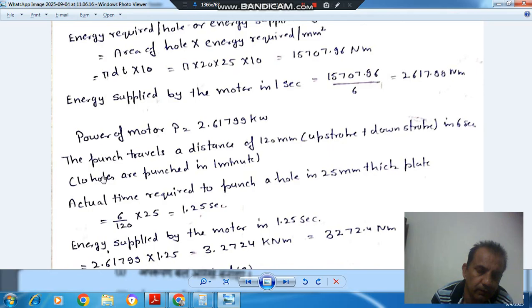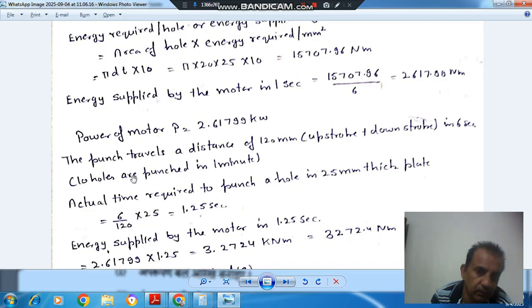Now the stroke length is given as 60 mm. So during punching one hole, the punch travels a distance of 120 mm, downward plus upward, that is 60 plus 60, and that distance will be traveled in 6 seconds, because 10 holes are to be punched in 1 minute.